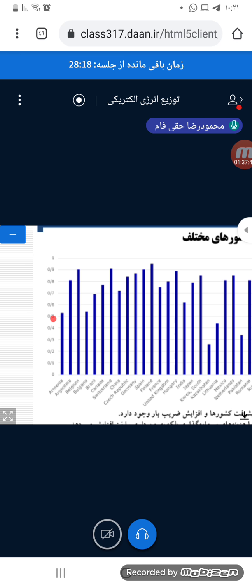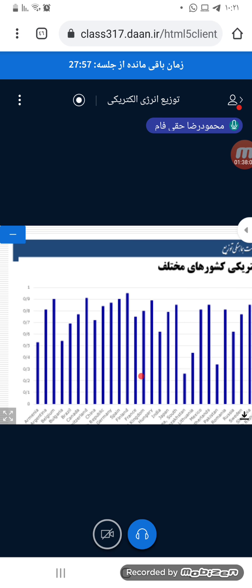For another country, the load factor is approximately 0.7. It is low, not high.